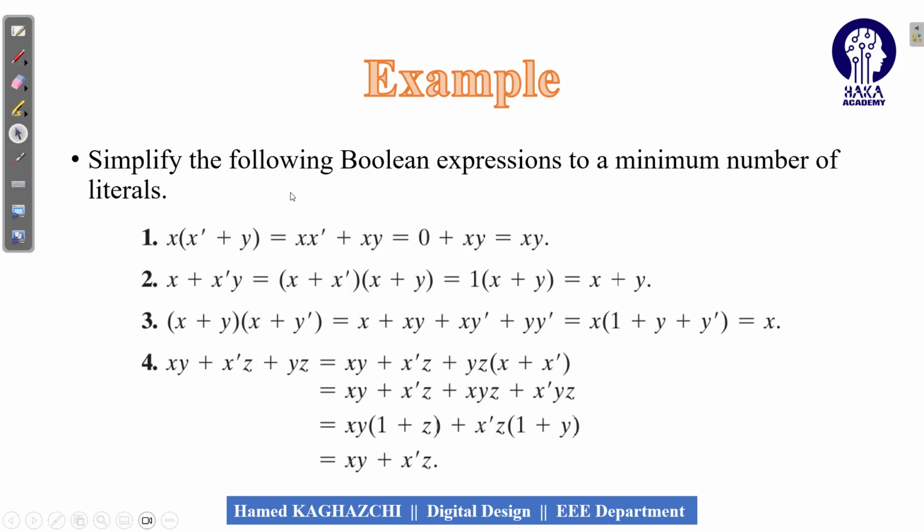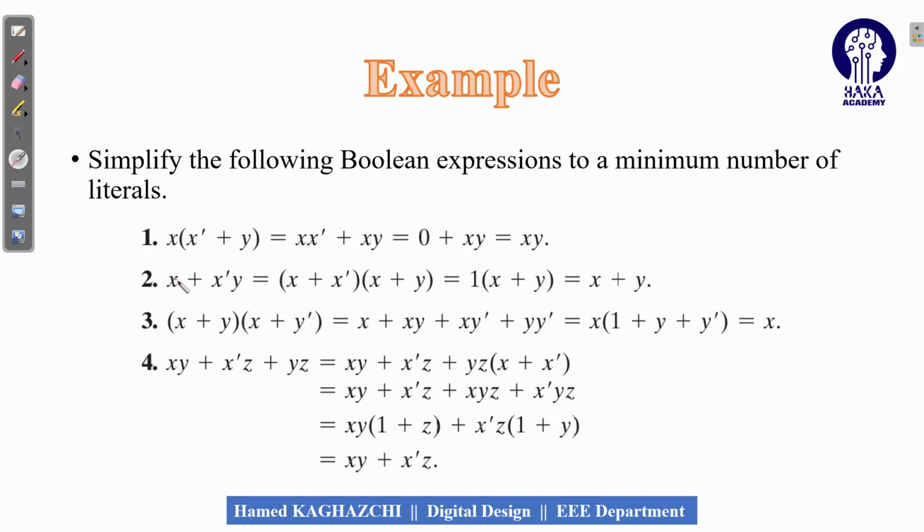Now, let's simplify some Boolean functions to see how we can do it. Suppose that I have something like this, x, parentheses x prime or y. If I expand this expression, I get x x prime or x y. I know that x x prime is equal to 0, and x y stays, so as a result I will have x y, because 0 or x y is equal to x y.